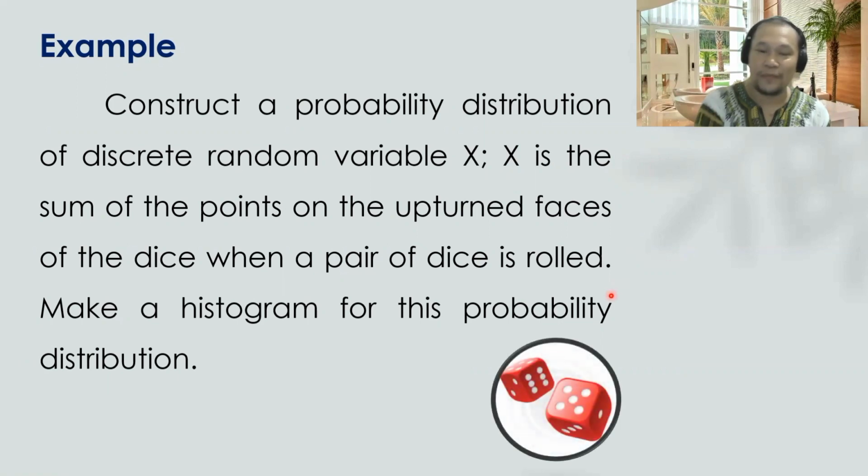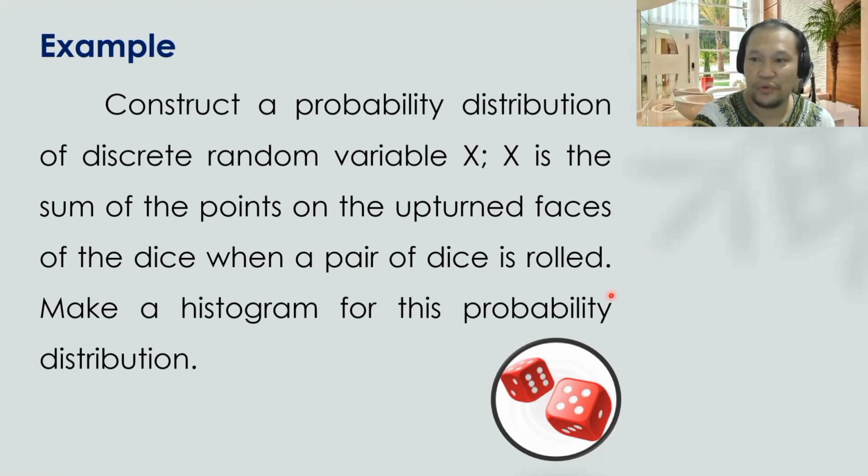Okay. Now, in this case, we are being asked to construct the probability distribution of the given discrete random variable x, wherein x is the sum of the pair of dice when the pair of dice is rolled.